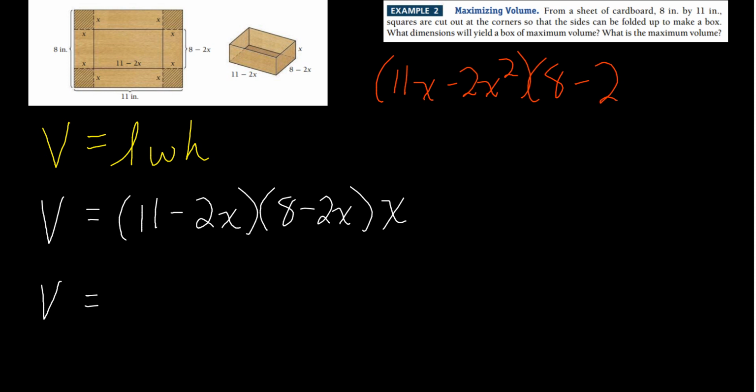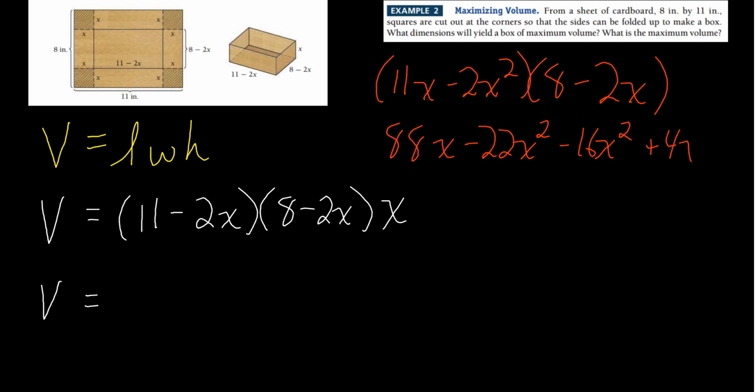All I did here was distribute the x into the first two, and now I'm going to foil. So we've got 88x minus 22x squared minus 16x squared plus 4x cubed.